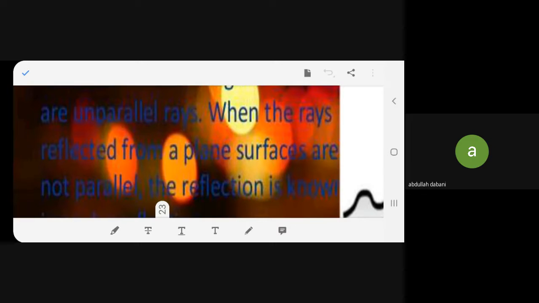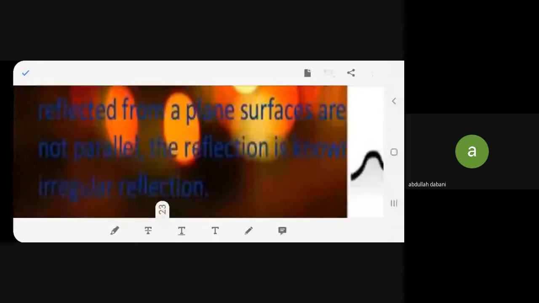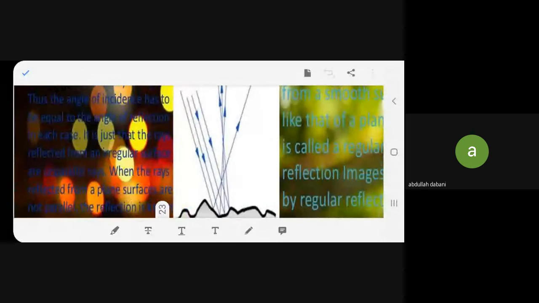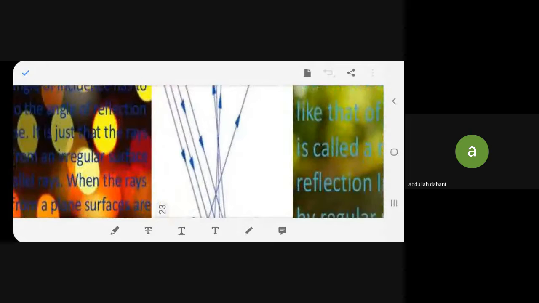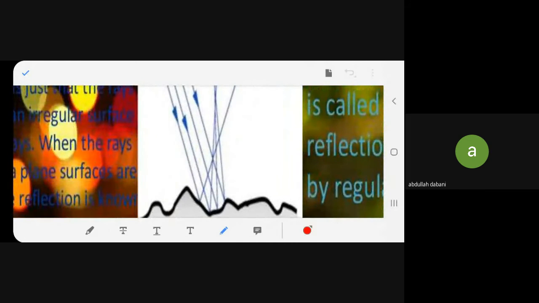When the rays reflected from a plane surface are not parallel, the reflection is known as irregular reflection. Understood, beta? Yes. What is happening? See, all the lines are parallel over here. Can you see this? All the lines are parallel. The lines which are coming are all parallel. Yes or no?